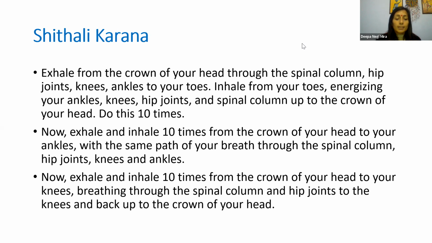So the path is from your crown to your spinal column, and from there going down in the same breath, one breath. Visualize the crown of your head, spinal column, hip joints, knee and ankle. So from your head to ankle, just passing through all these places in between and coming back. So these are the next 10 breaths.